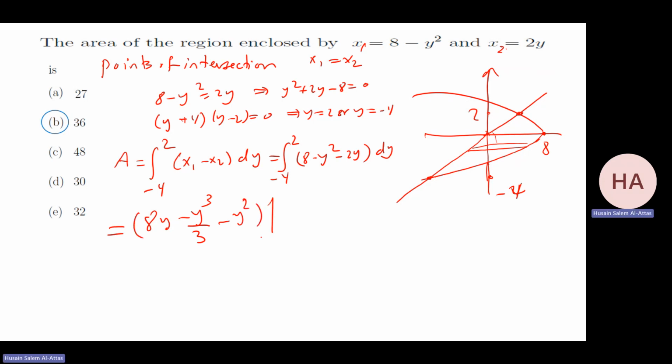Be careful with the calculation. From minus 4 to 2.